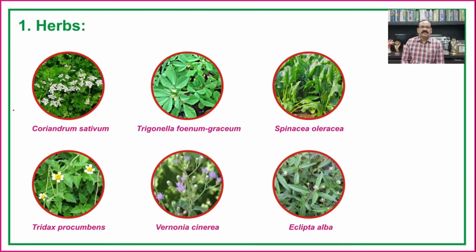Here the herbs. Whenever we are talking about the characteristics of the herb, you just have to observe the plant. The herbs are small plants and they bear the different floral parts, that is the flowers, calyx, corolla, androecium, gynoecium, etc., bearing the leaves on the nodal region of the stem, having the roots in the soil.